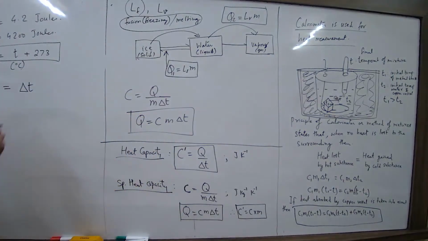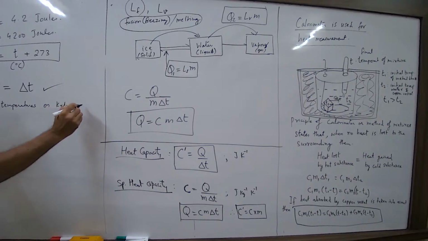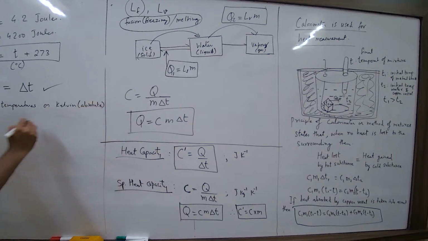So once you know this, the change in temperature on the Kelvin scale, which is also called the absolute scale, and the Celsius scale is the same. Okay, so what was question 1?